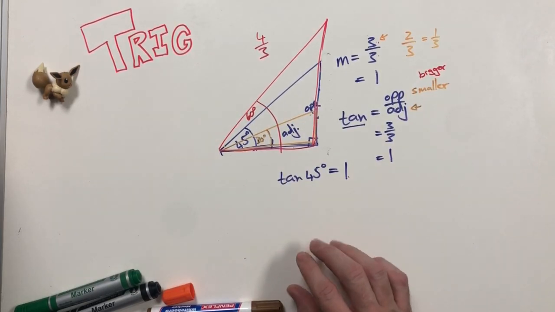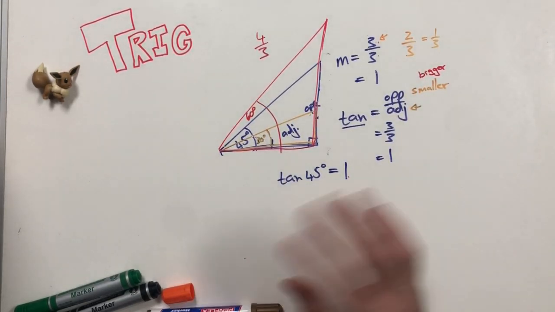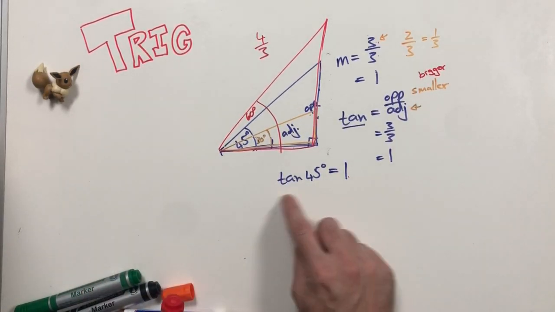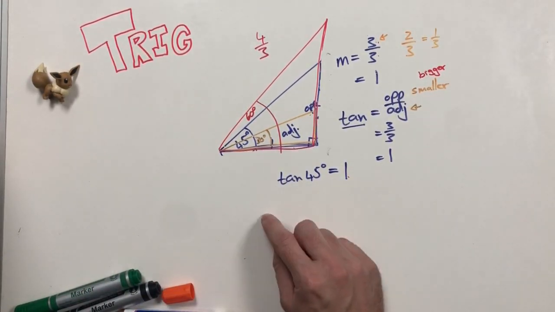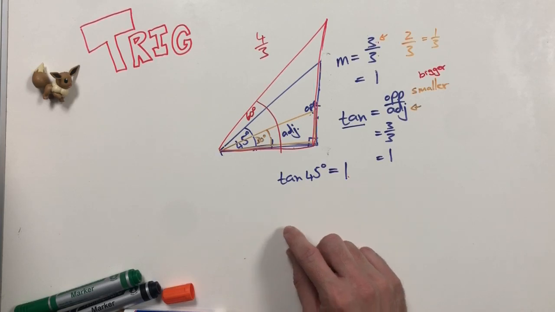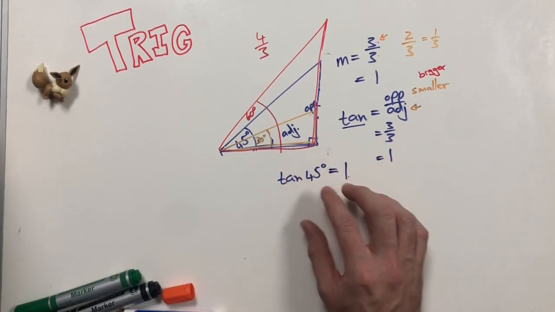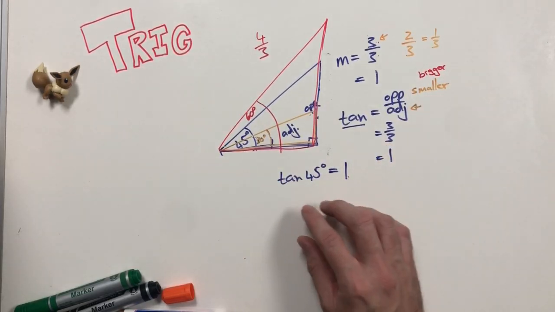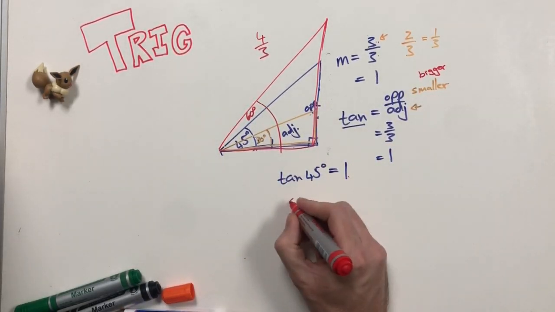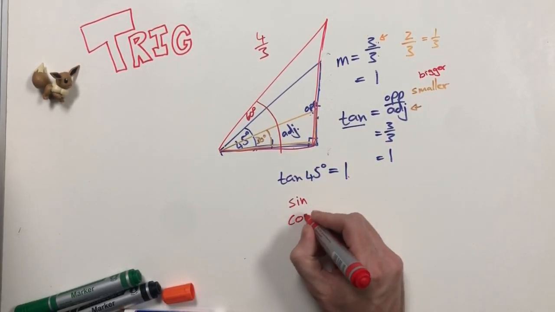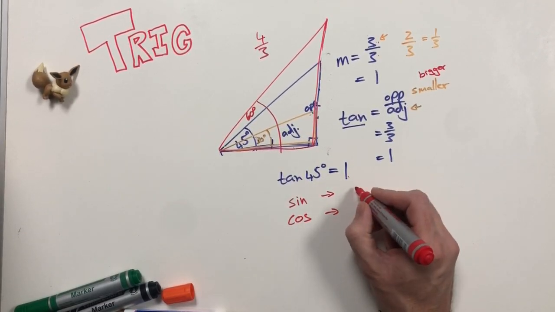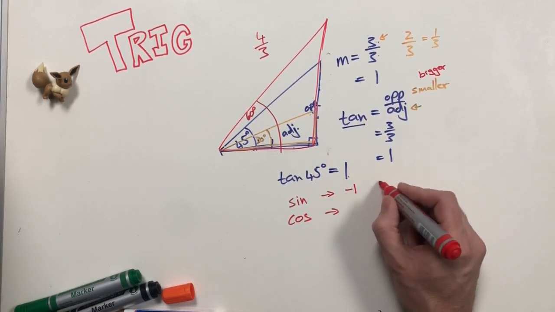Now, what I didn't say in the previous videos, but I can now touch on, is that tan can go from really, really small to really, really big. Whereas the sine and cosine values would always be, strictly speaking, between -1 and 1.